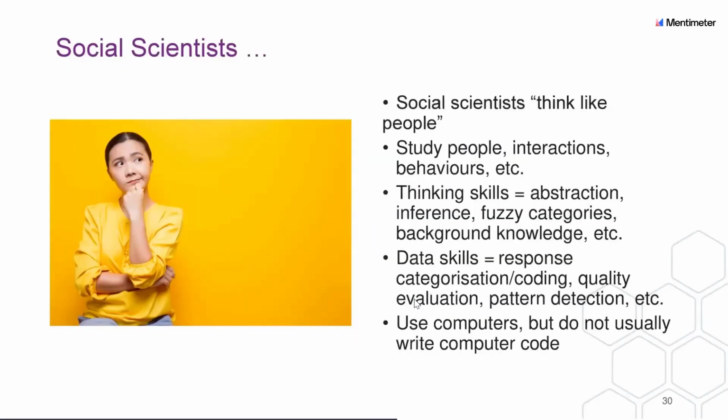Social scientists think like people. So they study people and their interactions and behaviors. And their thinking skills include things like abstraction and inference and fuzzy categories and background knowledge. So social scientists are really well suited to thinking about weird things, like people can belong to different groups at the same time, and that's not a problem for social scientists.